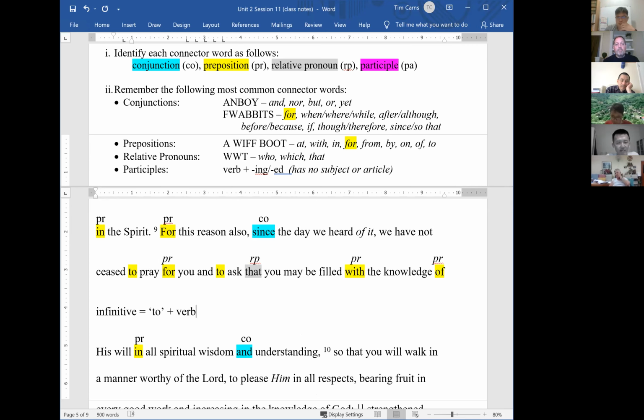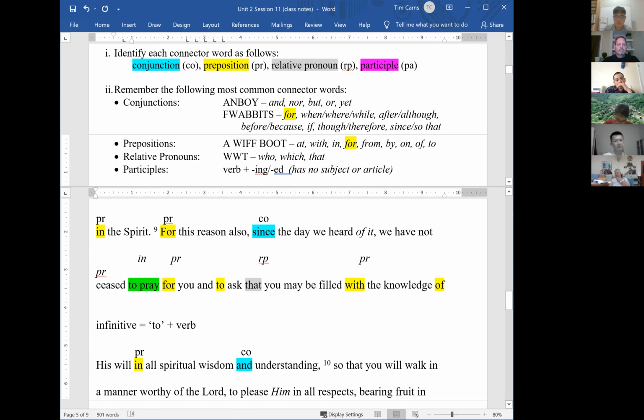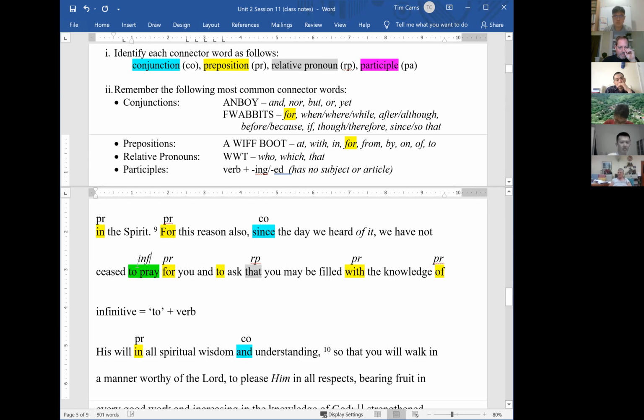Again, remember, prepositions are almost always followed by a noun. So to pray actually is an infinitive. And why does that matter? It's not a connector word. Infinitives do not connect. They function either as a noun, an adjective, or an adverb, but they don't connect phrases and clauses.